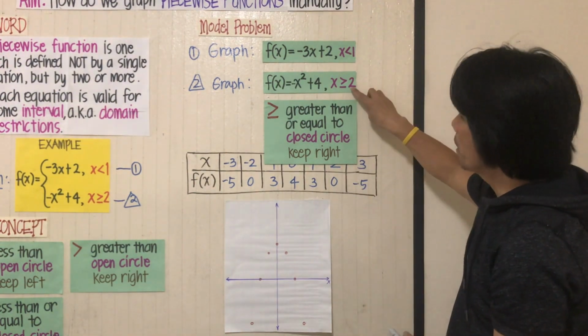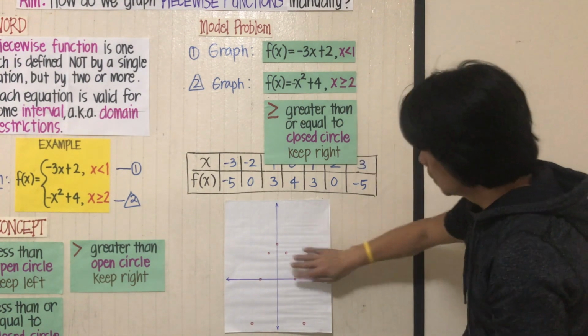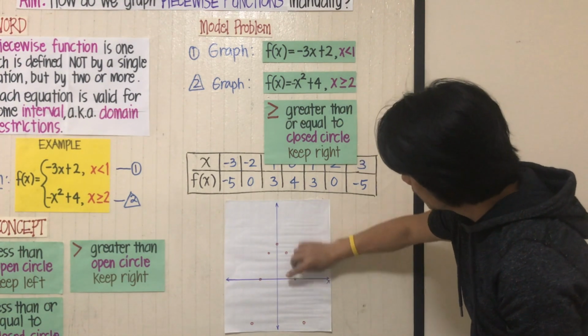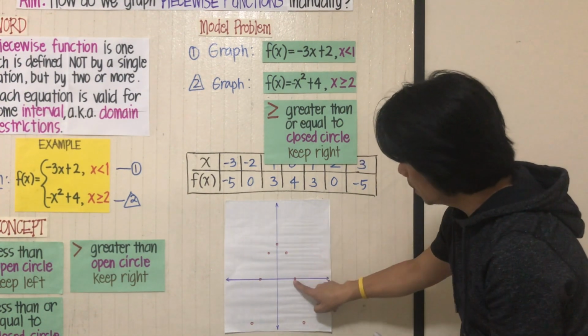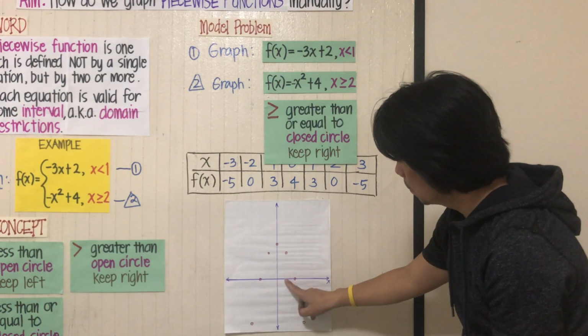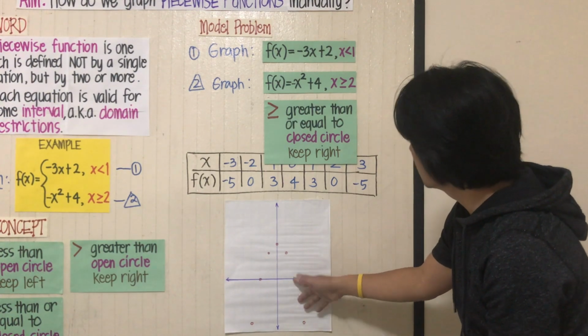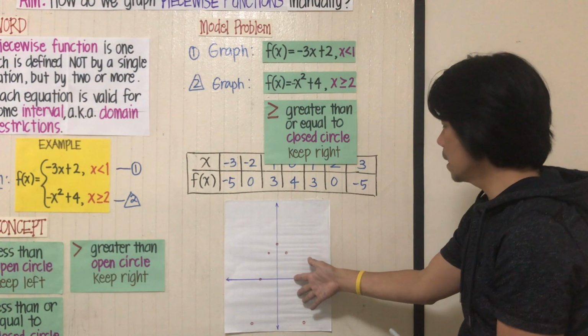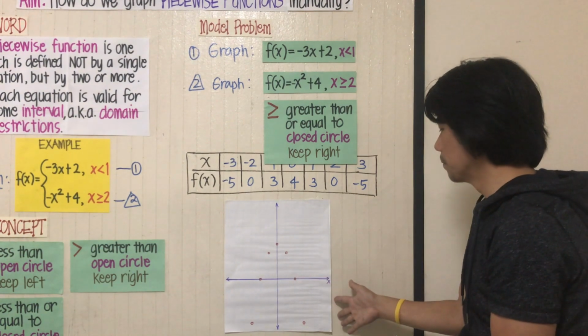But from where? From +2. So if you look at the graph, +2 is right here. So this is 0, 1, 2. At +2, we need to keep the right side of the graph.